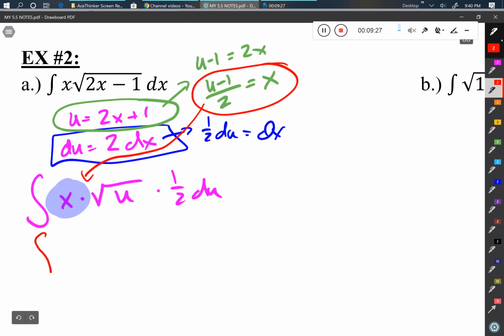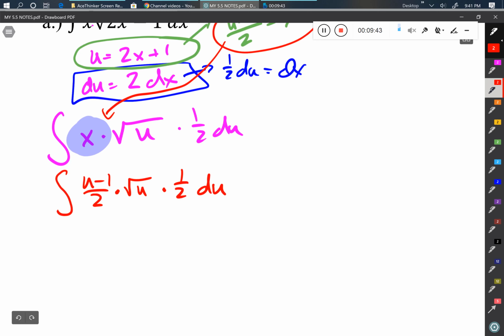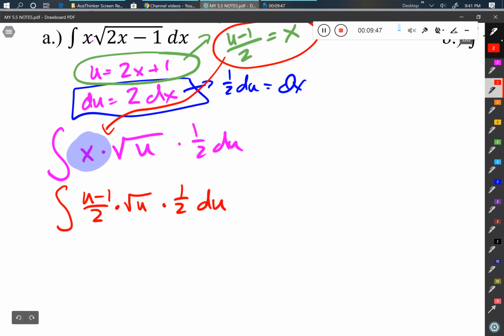And so my pink integral is going to turn into u minus 1 over 2 times the square root of u times 1/2 du. Now I know there's at least one person watching this who's going to say, that doesn't look any better than what we started with. Well, give me a moment to do a little bit of algebra on it, and trust me, it will look better.